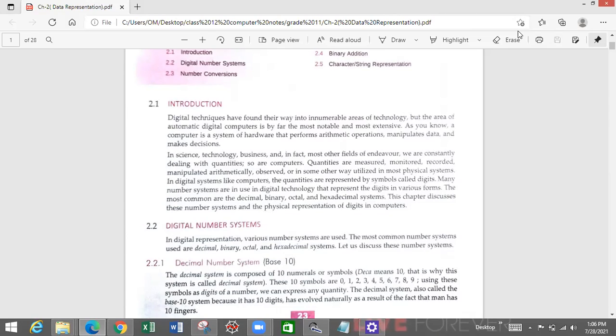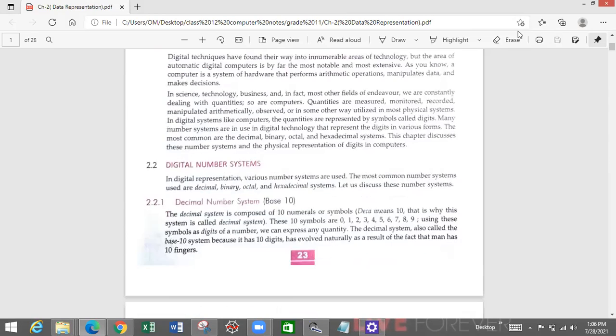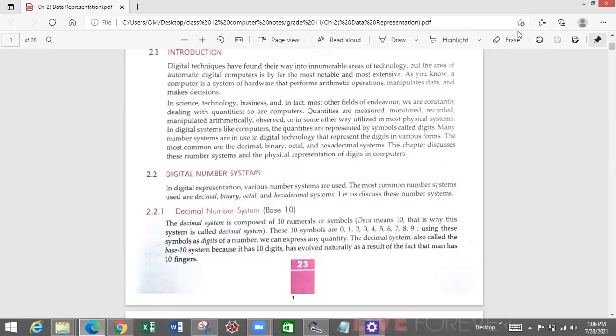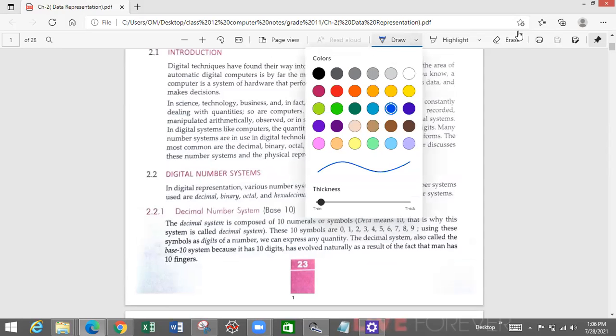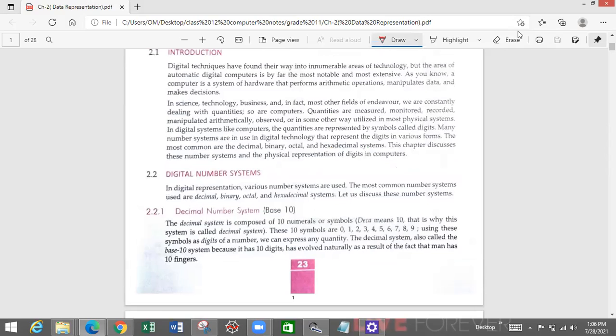So first thing, we need to understand that in our computer system, in our day-to-day life, we use the digital number system. In digital representation, there are four ways in which we can represent the data.